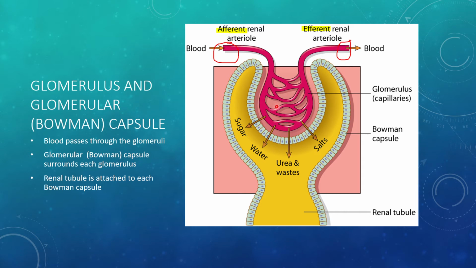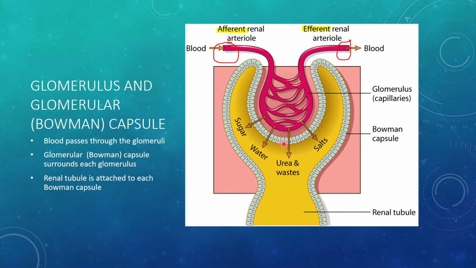This causes substances like sugar, water, urea, and other waste products, as well as salts, to perfuse from the glomerulus through the walls of the glomerular capsule into the renal tubule, creating what's called filtrate.